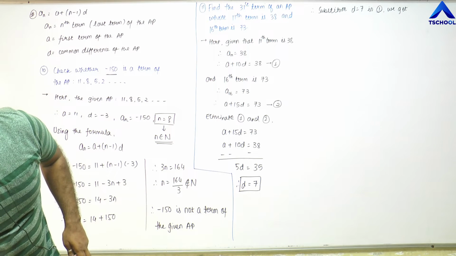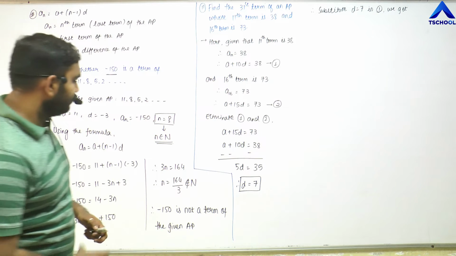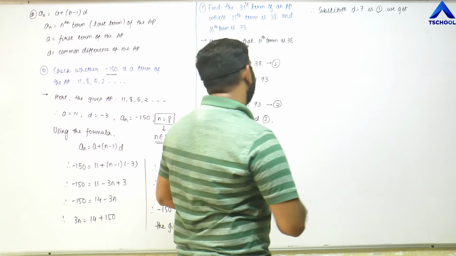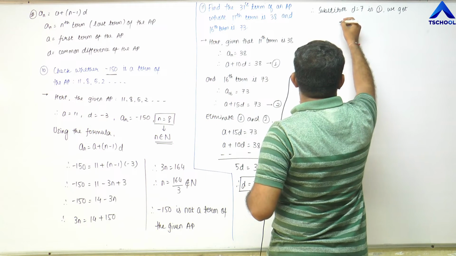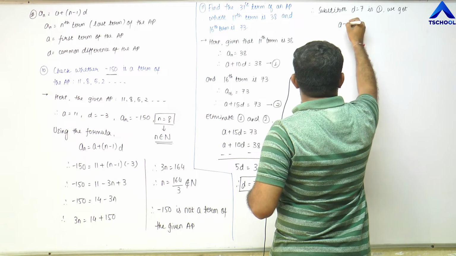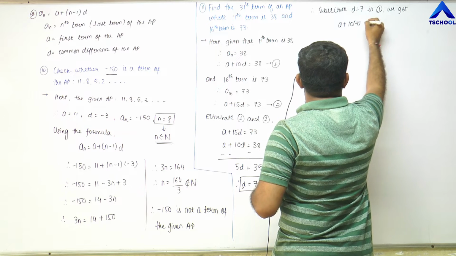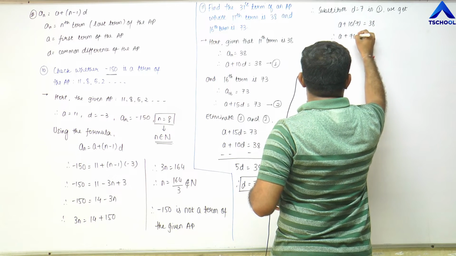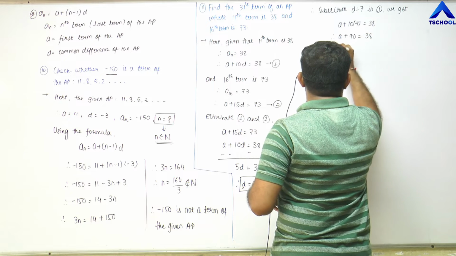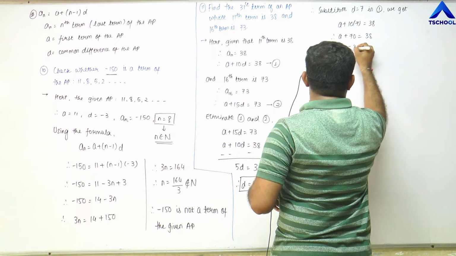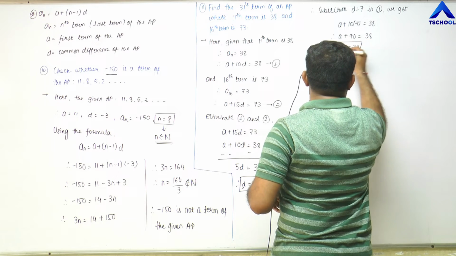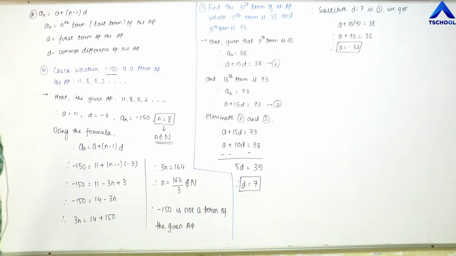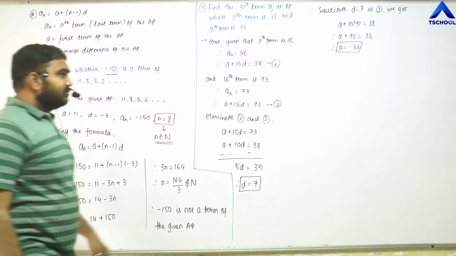Did I make any mistake in writing down the question? No. D is equal to 7, that is 70. So there was no mistake. A plus 10 into 7 is equal to 38. Therefore, A plus 70 is equal to 38, and hence A is equal to minus 32. That was the only mistake. I just forgot that minus sign. So A equals minus 32.